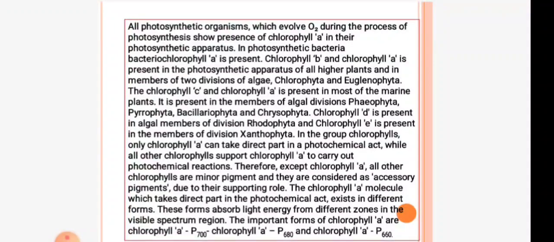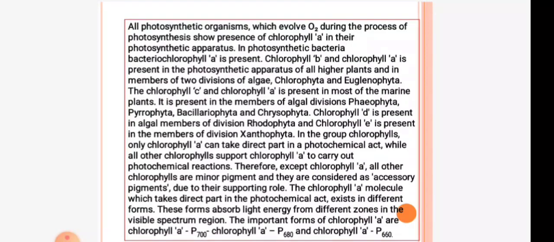So except chlorophyll A, all other chlorophylls are minor pigments and called accessory pigments. These are supporting pigments. The chlorophyll A molecule, which takes direct part in the photochemical act, exists in different forms.